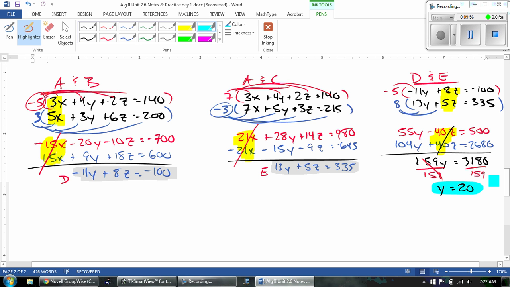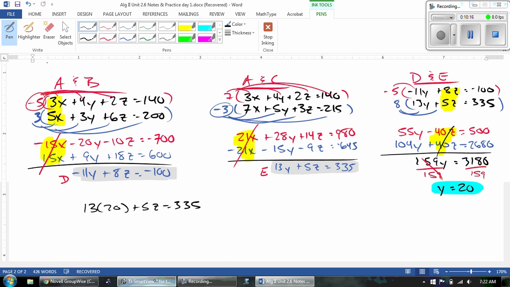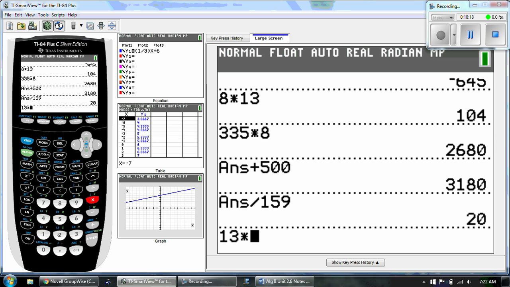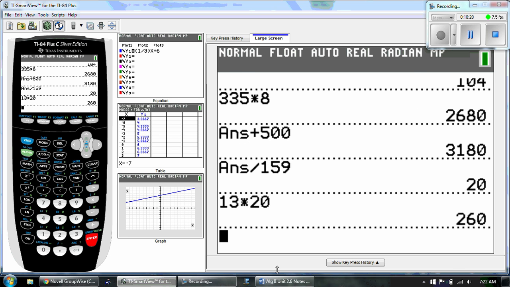So now that I have that, we can plug back into D or E to figure out what z is. And I think I chose E. It doesn't matter which one. So we have 13 times 20 plus 5z equals 335. So 13 times 20, we get 260.